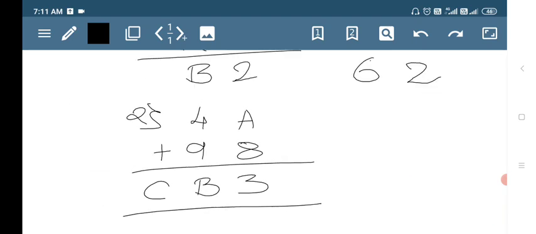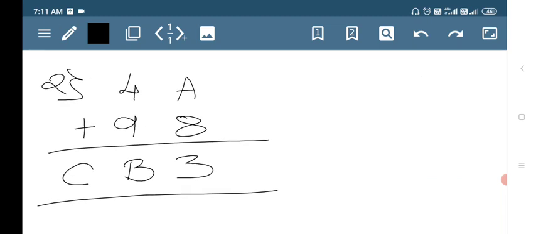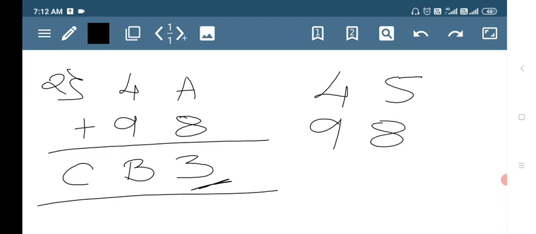So, tell me dear students, to get 3 in the result, what should be the value of A? For 8 plus A must be 13, right, because here it is 3. What is added to 8 to make it 13? 5, right, 98.